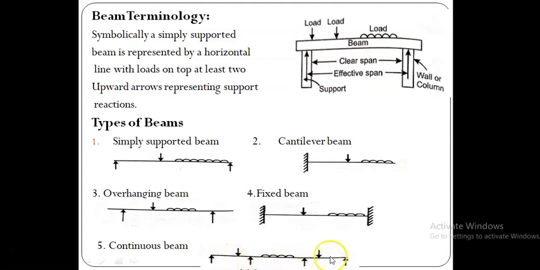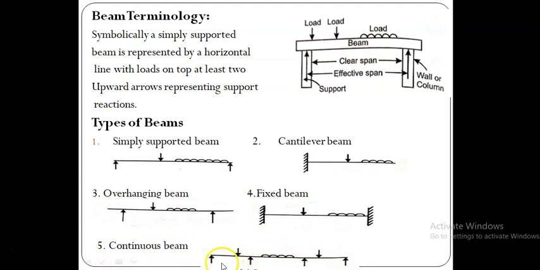Like that, we can further continue the beam by introducing intermediate supports and ending with another support. The end supports may be simple supports or fixed supports, or the end may sometimes be freely overhanging. But all the intermediate supports are represented like this arrow. So this is called a continuous beam.